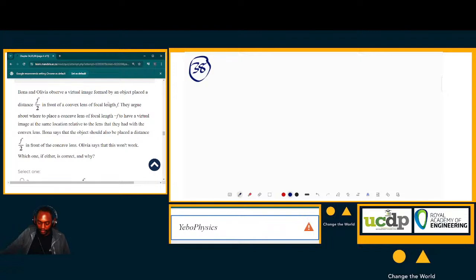Okay. So the two people referred to here, they're having an argument. But first and foremost, what they've done, they've placed an object f/2 in front of a convex lens.